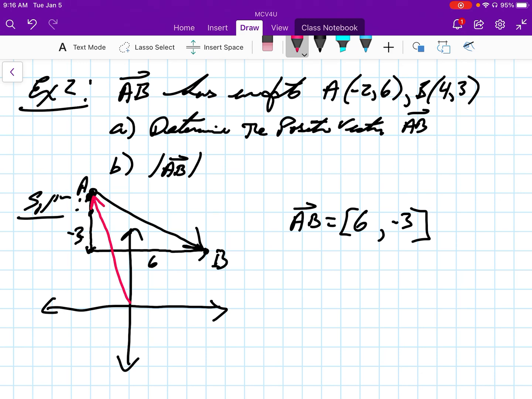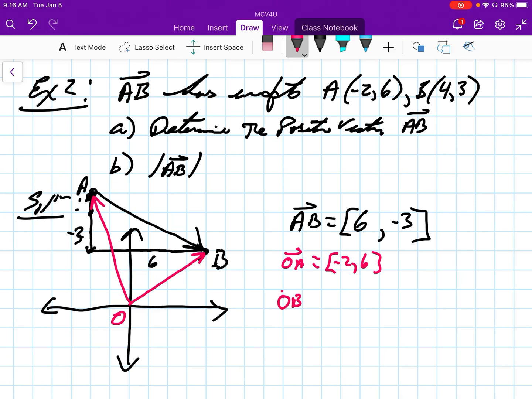We want to get to a vector. So here's our origin. If we look at the position vector OA, OA is the vector negative 2, 6.